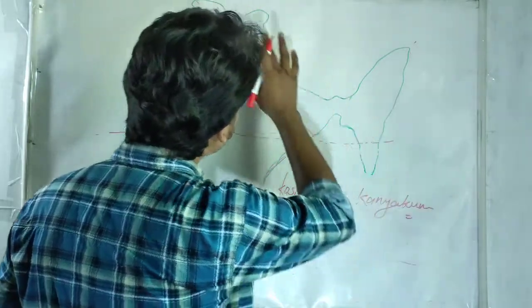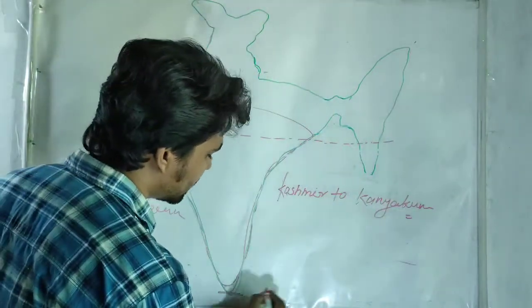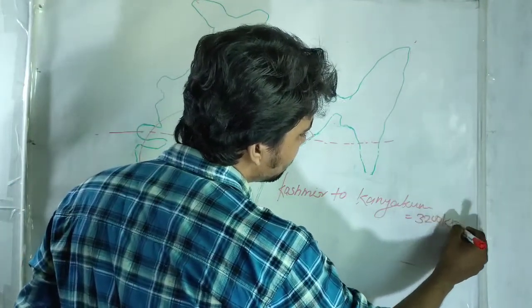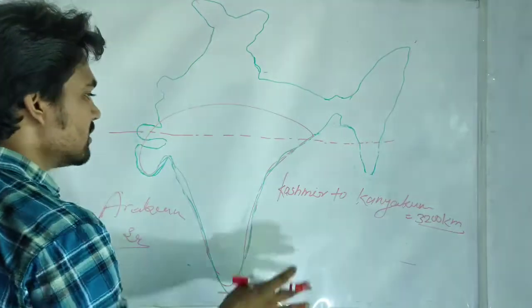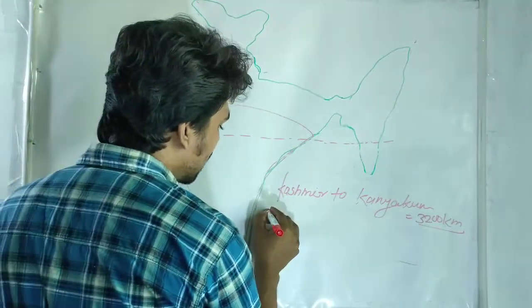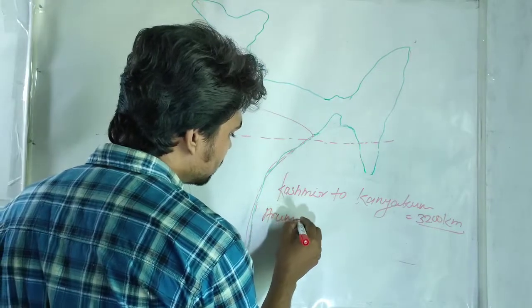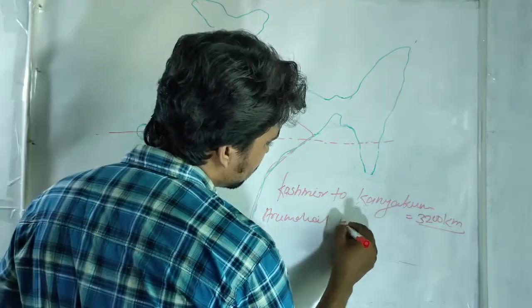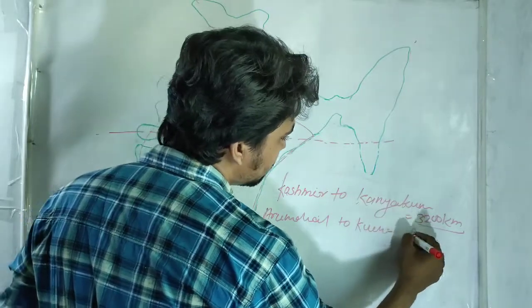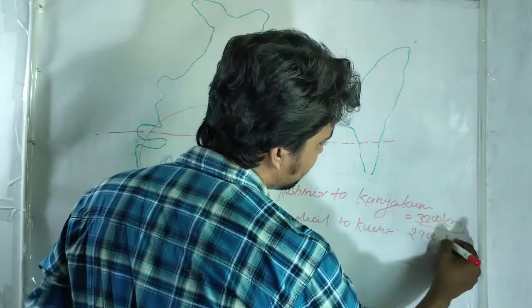The distance from Kashmir to Kanyakumari is about 3,200 kilometer. Whereas the distance from the eastern part to the western part, that is Arunachal to Kutch, which is situated in Gujarat, is about 2,900 kilometers.